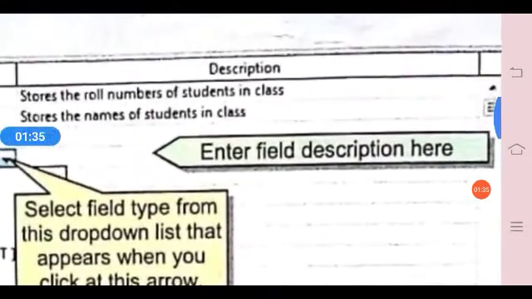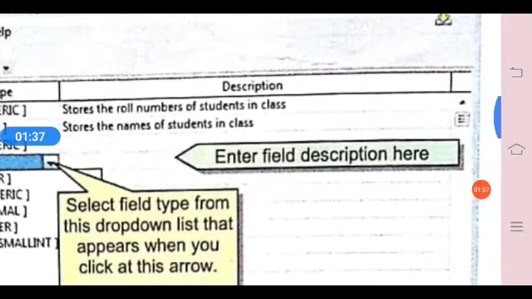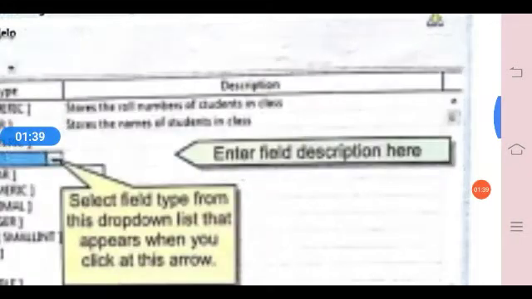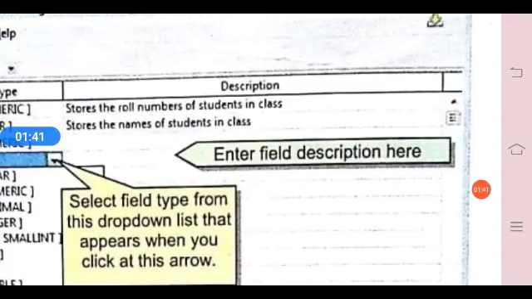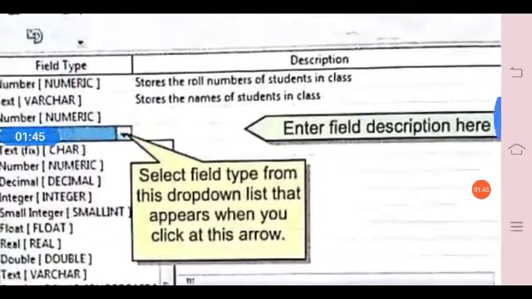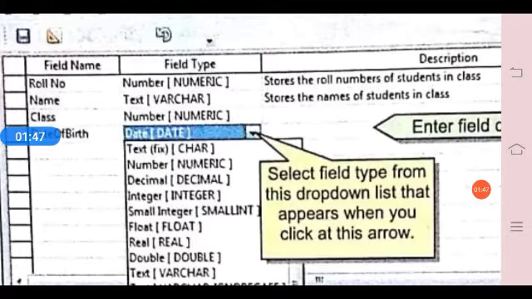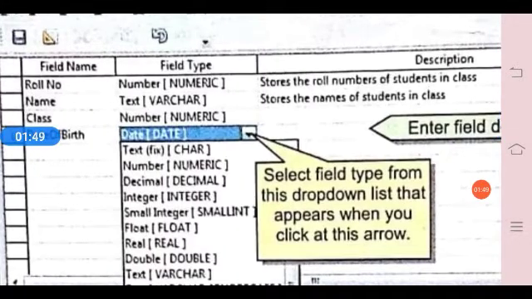In the next column, you can describe the field. This field is optional. You can describe the data to be entered in the selected field name.